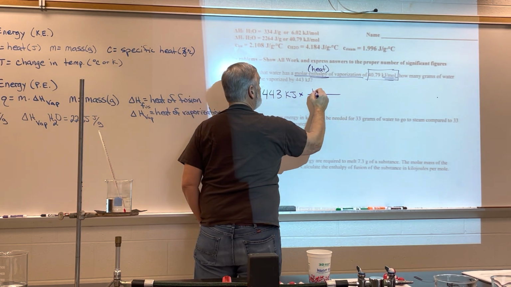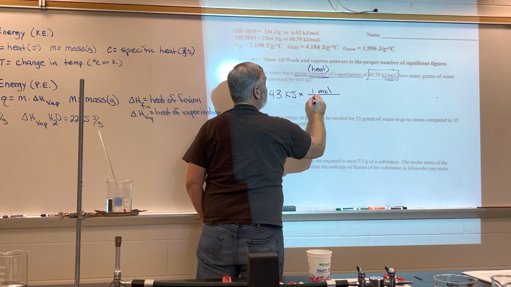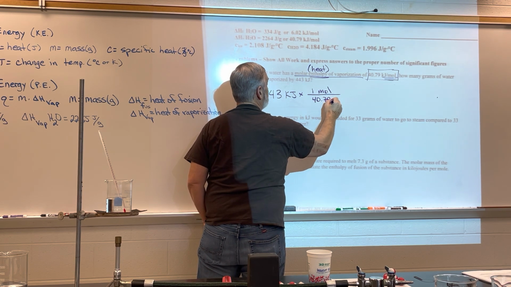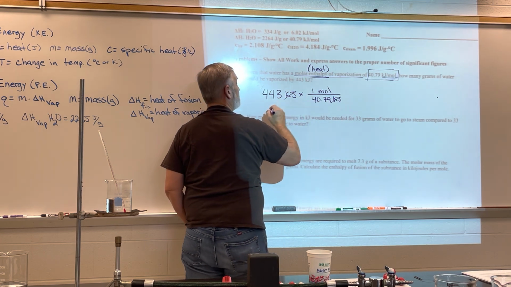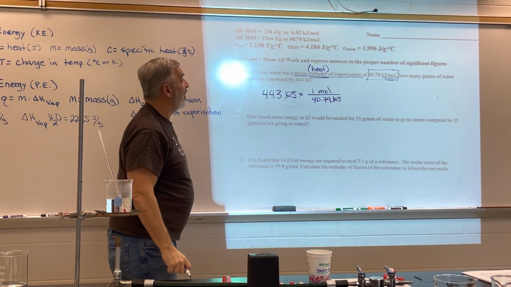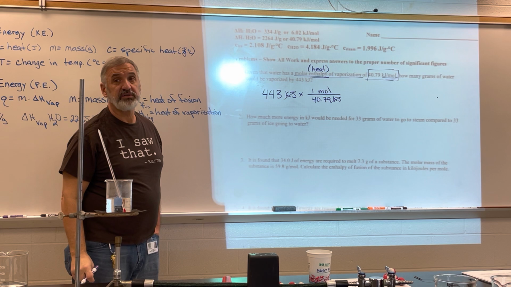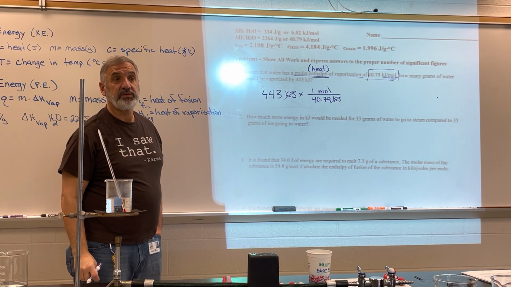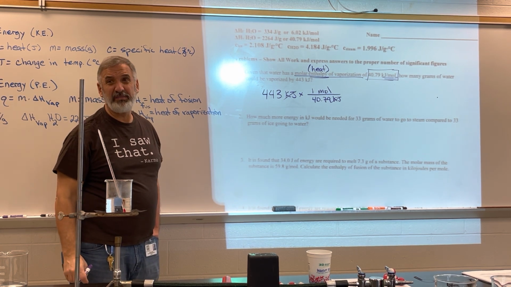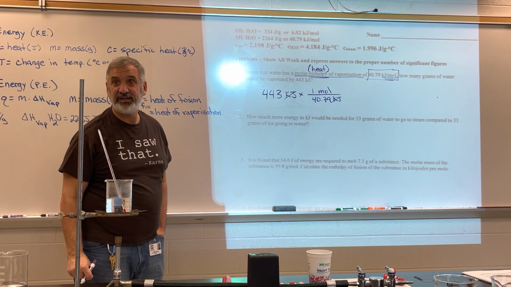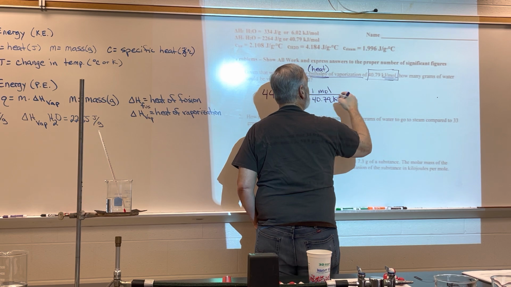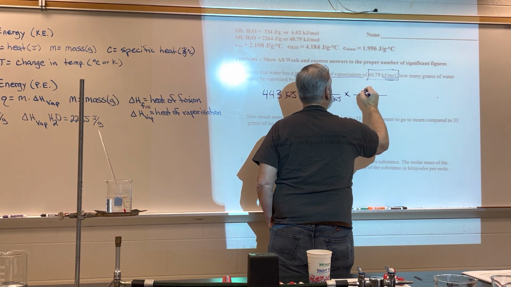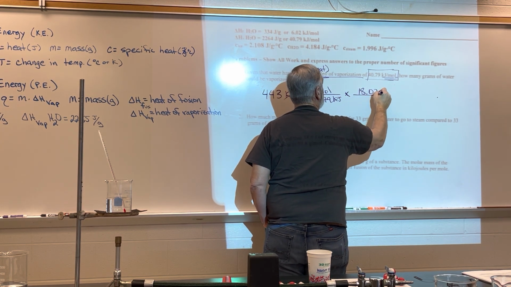So I'm going to say 1 mole over 40.79 kilojoules. But that's going to give me moles of water. But I want grams. Use the molar mass. And we've all memorized the molar mass of water to be 18.02. So again, moles needs to go on the bottom. So I'm going to say 18.02 grams over 1 mole.